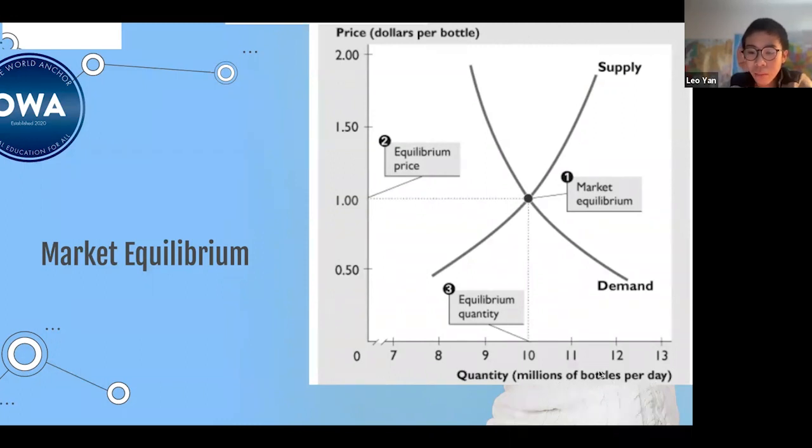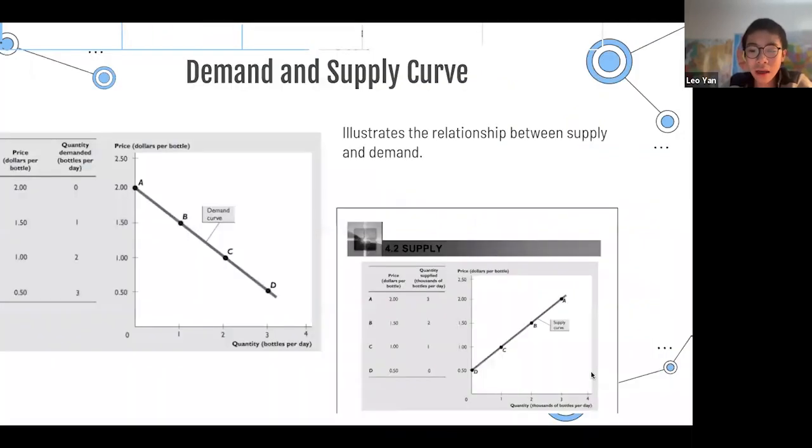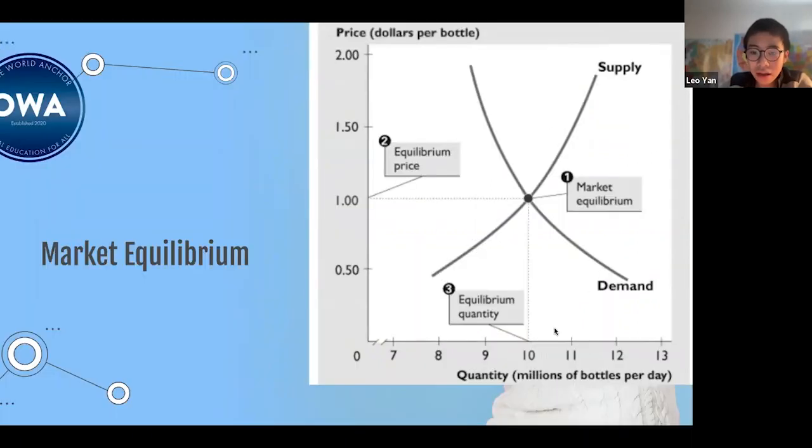I don't really know what they're selling, but let's just pretend that they are bottles of juice. So on the bottom is the number of bottles of juice they will be selling.